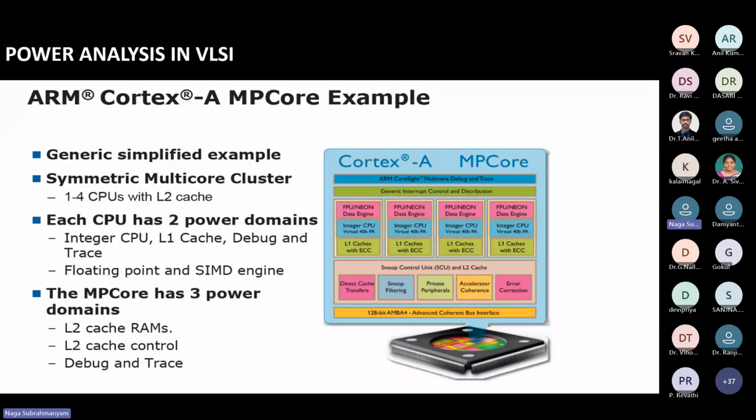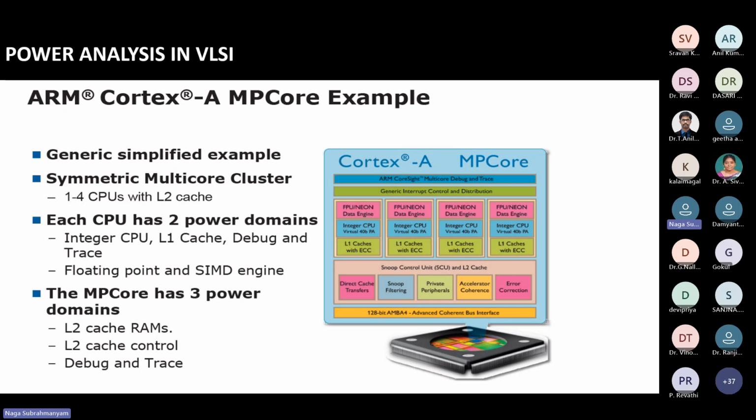And see here, each CPU has two power domains. Okay, so the entire chip is not working on one power domain, not working like one power value, or it does not consume one power value. So in the chip itself, so many power domains are there. Each domain will work at different voltages.